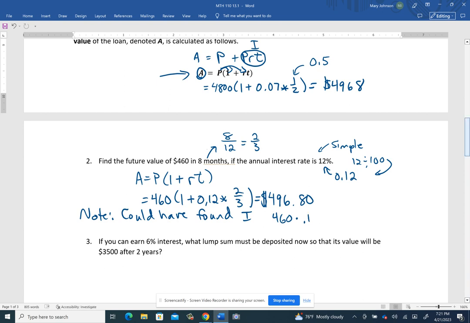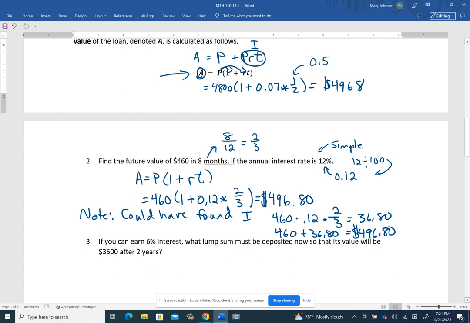The principal times the rate times the time. And that would have been $36.80. And then in another step, taken the original principal plus that interest to get the $496.80. So those are the two ways that you could do it.